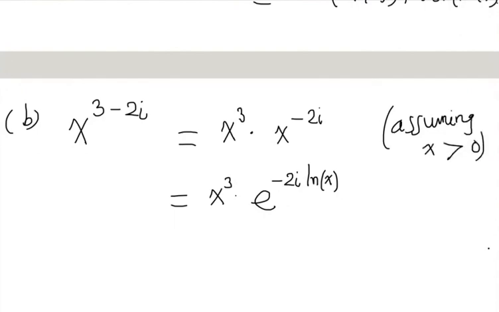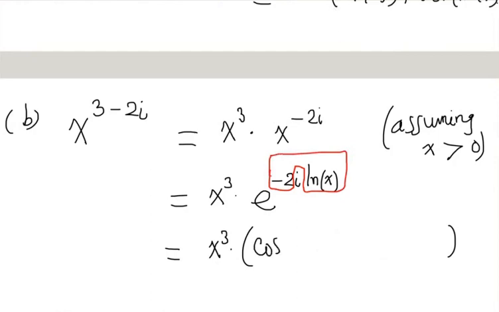So we may take log of x. Now by Euler's formula, this with the minus sign is going to be cosine of 2 ln x minus i sine of 2 ln x.